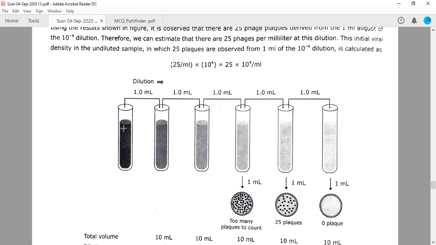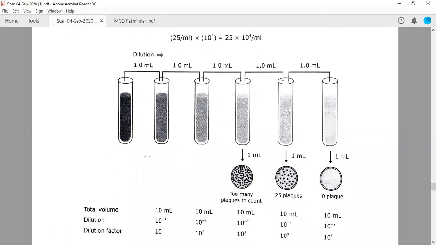So each time you need to count the number of plaques generally for this tube. But if in the question you were asked for any other tube, you can count accordingly. You need to remove that dilution factor. Suppose you were asked for this particular tube, so you will remove one dilution factor, you will multiply with 10 to the power 3. So it will give you the number of viruses or plaques in this particular tube.